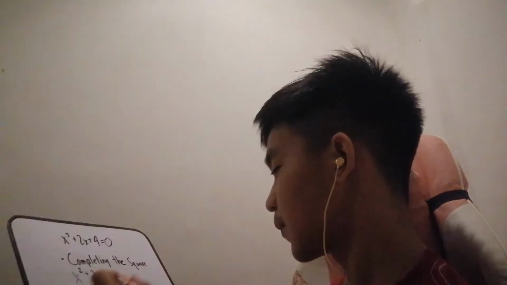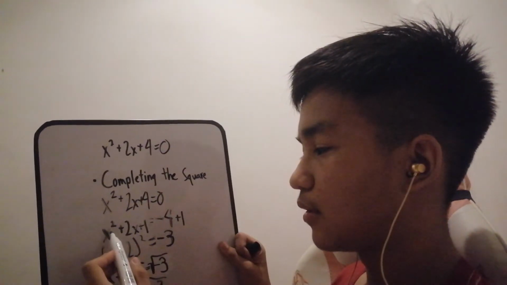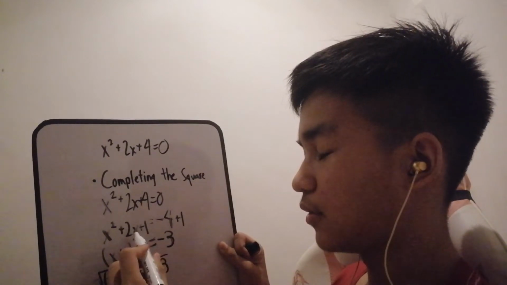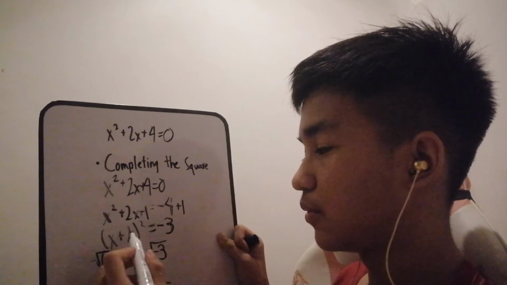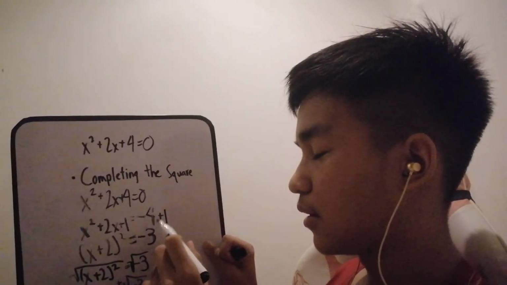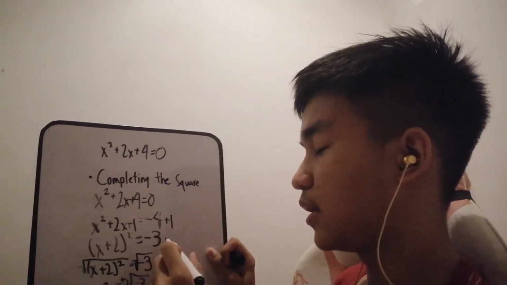So now we will use the x and the 2x, so it will be (x plus 2) squared equals negative 4 plus 1, which is negative 3.